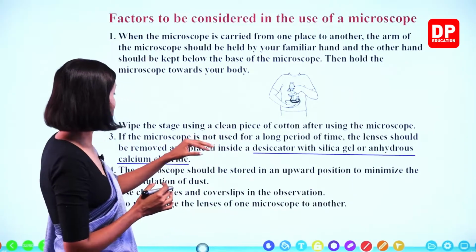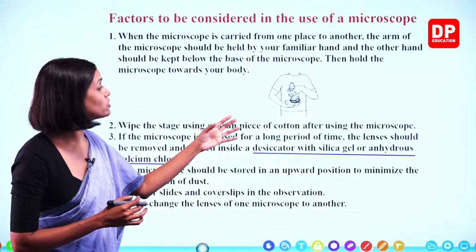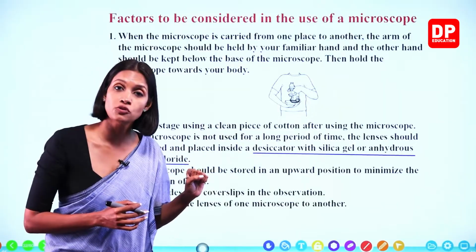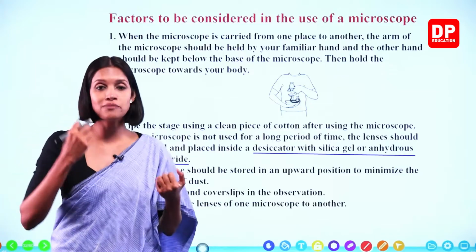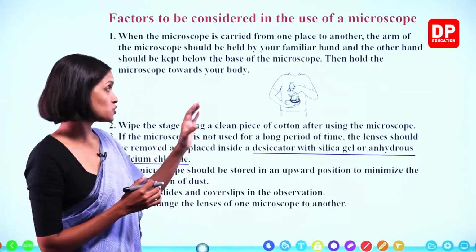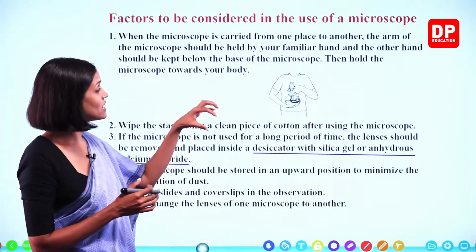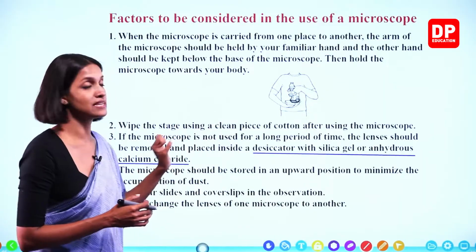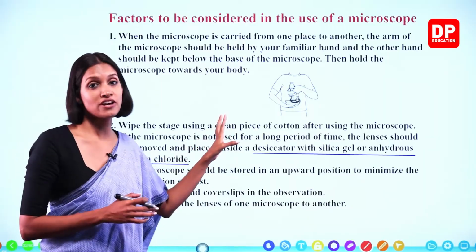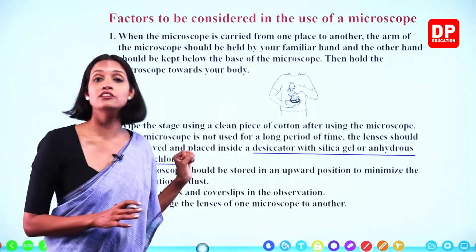Right? In the same way, if you are not going to use this microscope for a long time, it's better to remove the lenses. Now, lenses can be removed, right? I will show you how to remove the lenses. So, the lenses should be removed and you have to place them in a desiccator. Now, desiccator, as I told you all, is a kind of airtight jar.